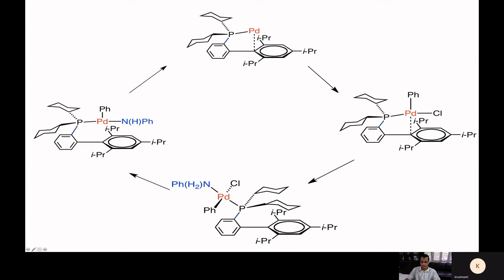As you can see, palladium is on here, palladium is on here, palladium is out, palladium comes back in, and then forms a product, right? See, at least this amine binding and deprotonation, two step, where here I did not show that. So the palladium is out, away from it.